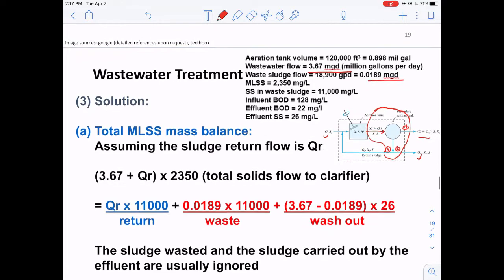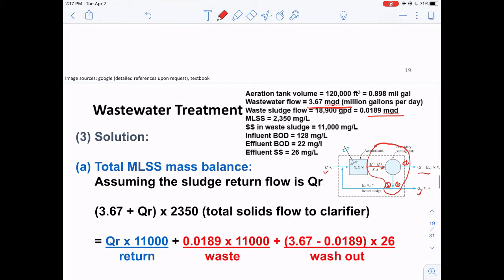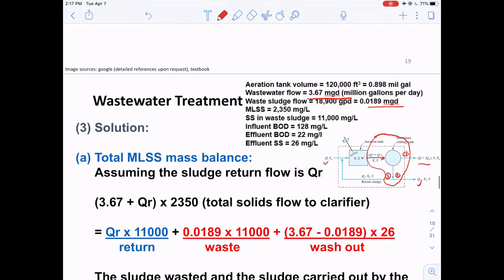That's why we can set up this equation. Since we already know the suspended solid concentration in the aeration tank, we can calculate the total suspended solids. That is 3.67, the flow of the wastewater, plus the flow rate of the return sludge, because here we are also introducing some flow.